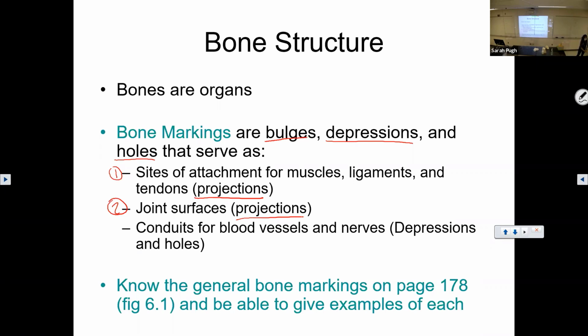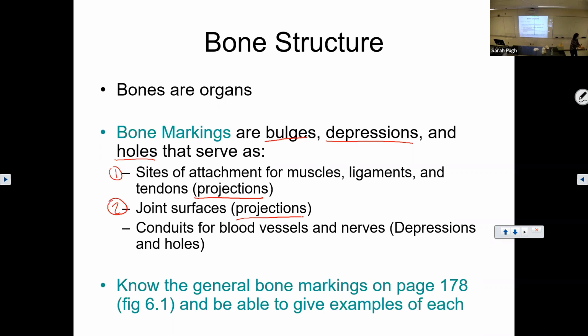This projection is here because gluteal muscles connect right here to the bone. Every time that gluteal muscle contracts and you lift your leg to the back, it is pulling on the bone and causing the bone to grow away from itself, and you're getting this projection, okay? The other reason why you can have a projection is because that's where you're forming a joint.